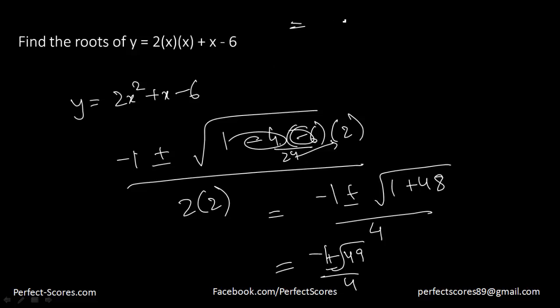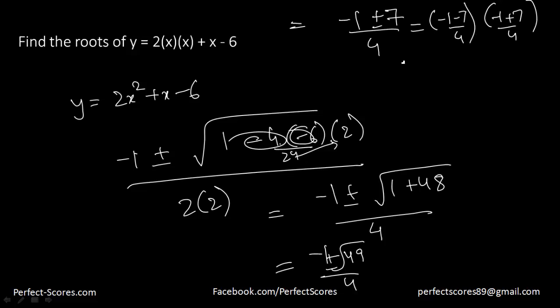This is going to be equal to -1 plus or minus 7 over 4, so you can actually convert this into two roots: -1 -7 over 4 and -1 +7 over 4, which is equal to -8 over 4 or +6 over 4, which is -2 or +1.5. Fine. So I hope you're able to get what I'm trying to say here, guys. So this is the answer, that is -2 and +1.5.